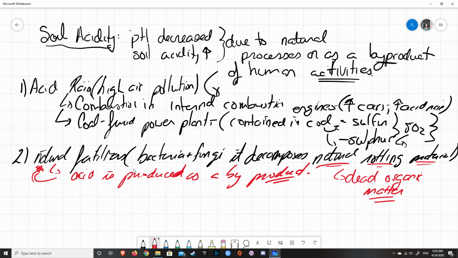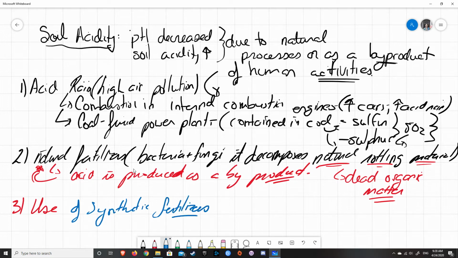And then finally, the use of synthetic fertilizers, because we studied the ammonia process. NH3 reacts with H2O to become NH4+ and OH-.